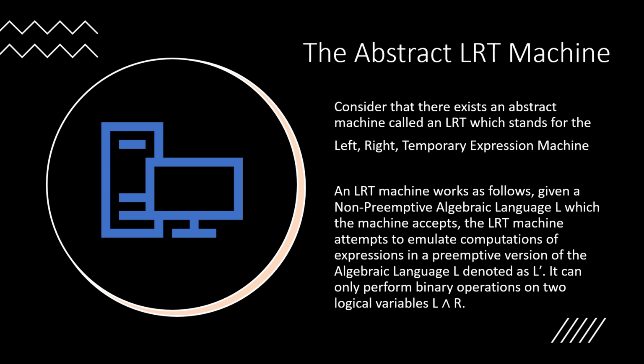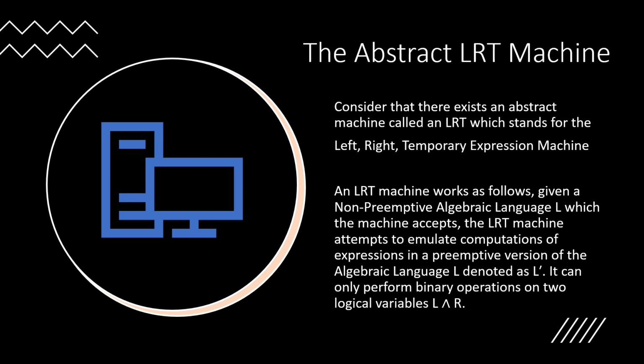In order to answer the question I posed earlier about the limitations of non-preemptive languages versus preemptive languages, we're going to create a new type of model of computation. This is known as the left-right temporary expression machine.